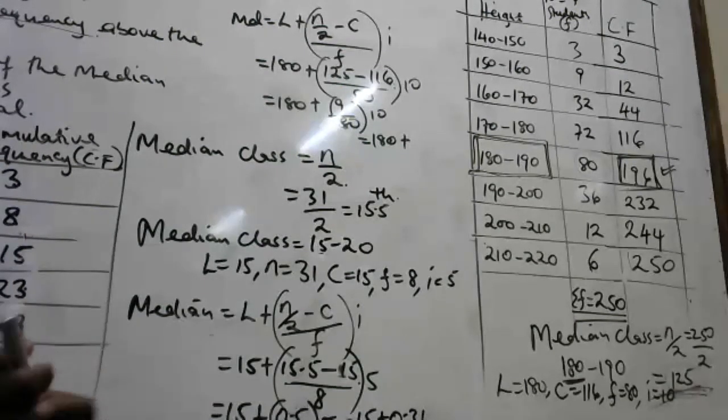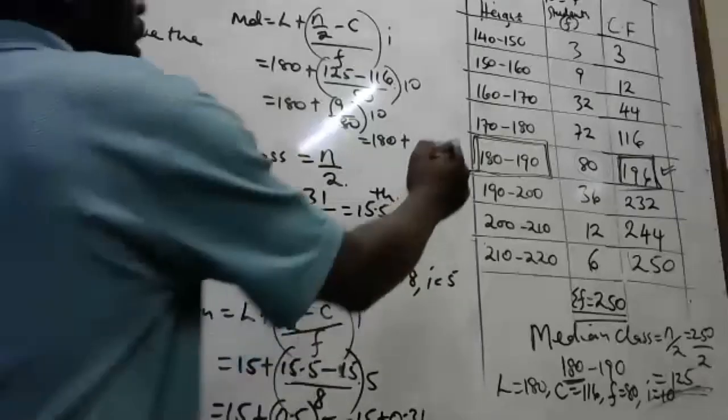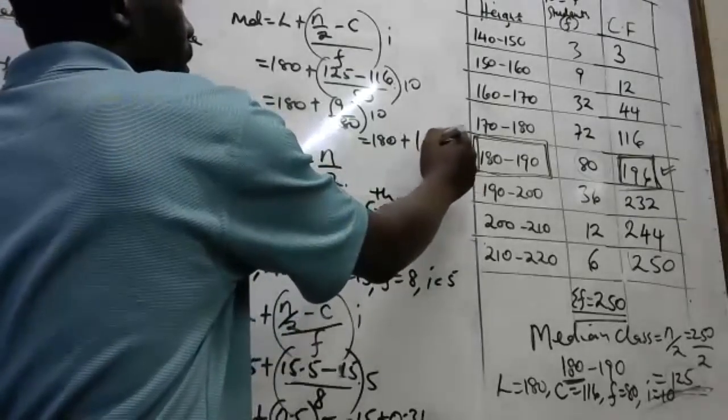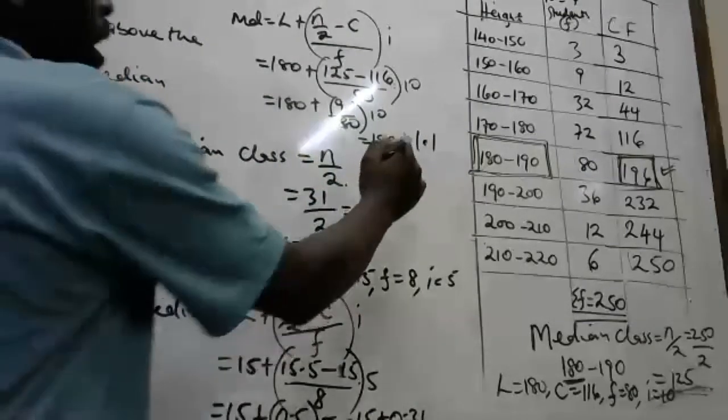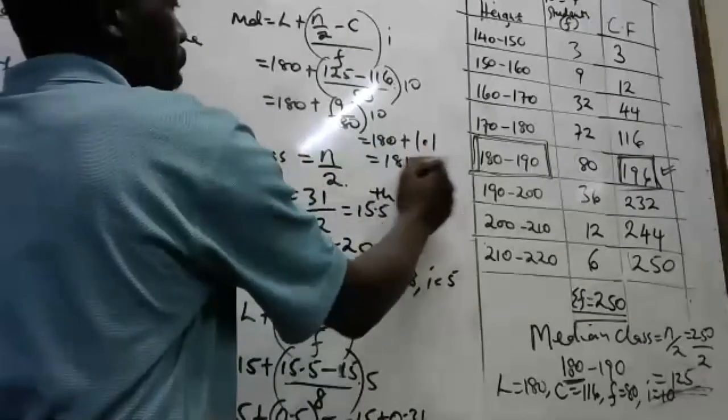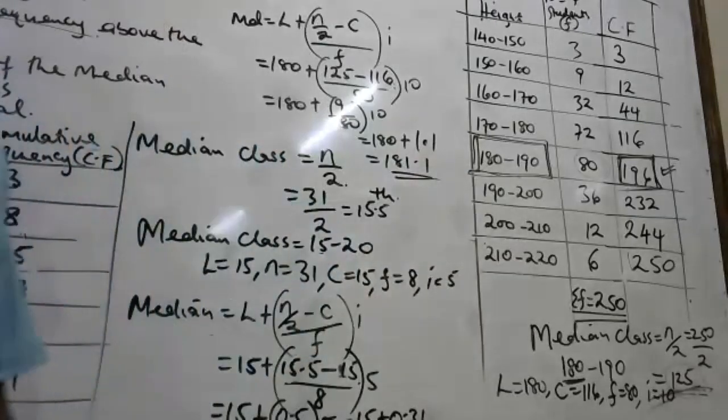That gives 1.125. So the median is 181.125.